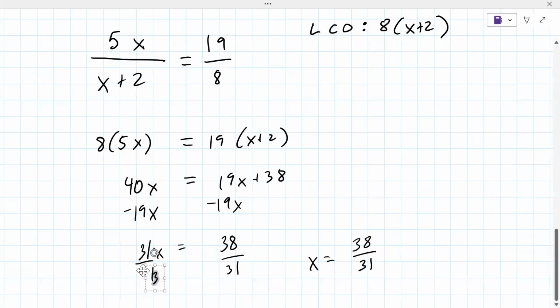Sorry, that's a 21, not a 31, but small thing there.